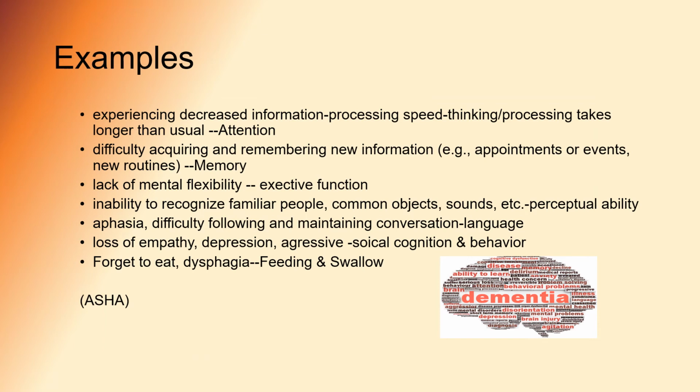I picked up some symptoms and examples from the ASHA website, such as attention deficit, memory, lack of mental flexibility of executive function, and aphasia, that's a language problem, and swallow dysphagia, etc.